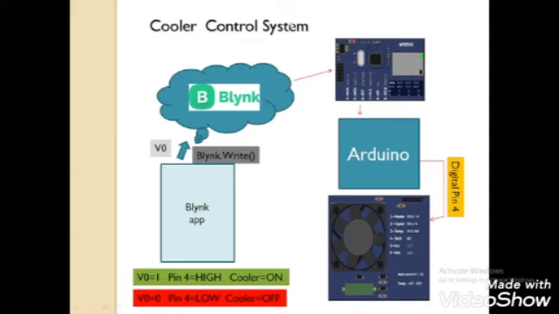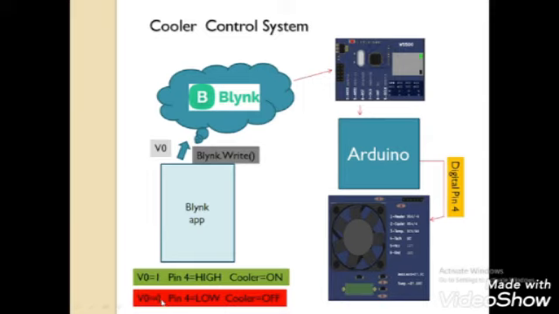So this is the cooler control system. We have this cooler, the fan, here in the picture. It is connected to digital pin 4 of the Arduino. Why digital pin? Because we need here only 0 and 1, that is 0 volt for off and 5 volts for on of this cooler. So virtual pin 0 as a switch we are using. So pin 4 goes high and cooler goes on.